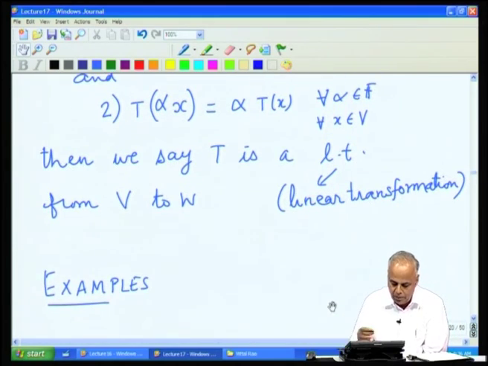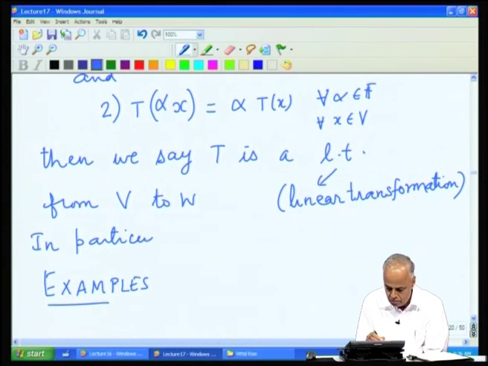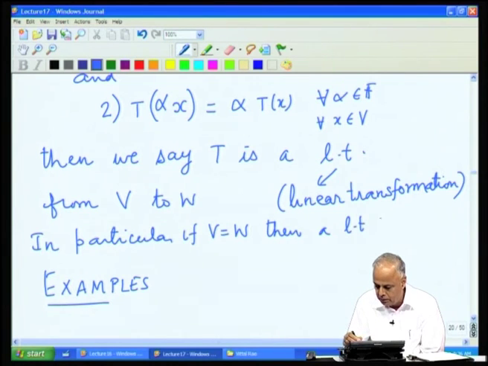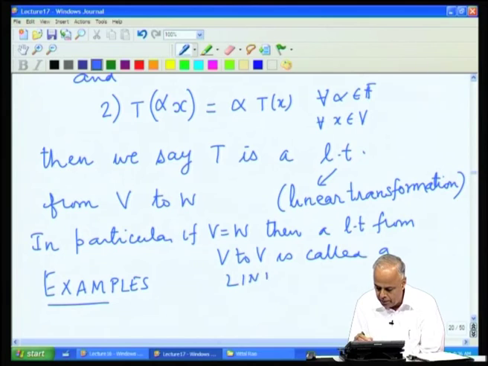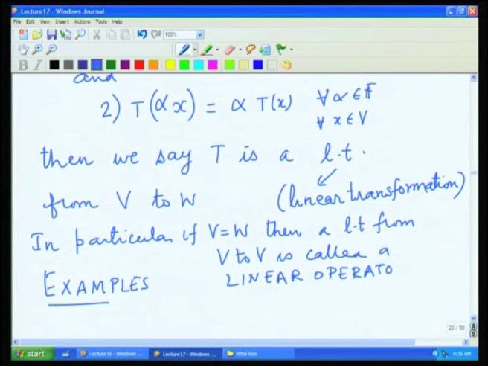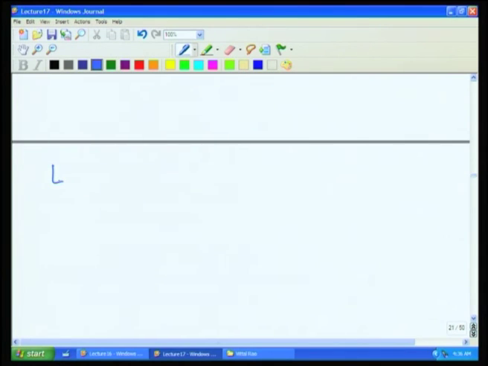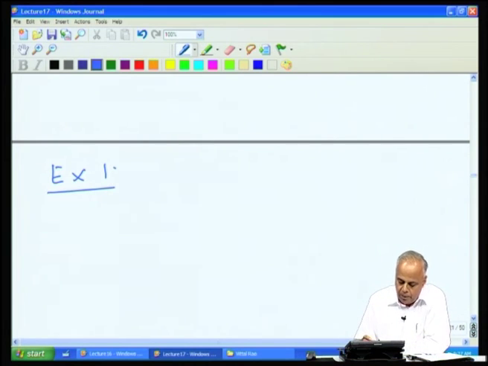So, in particular, if V equals W, then a linear transformation from V to V is called a linear operator on V.